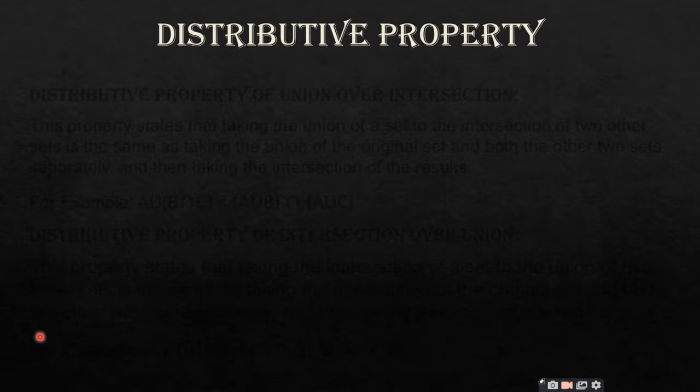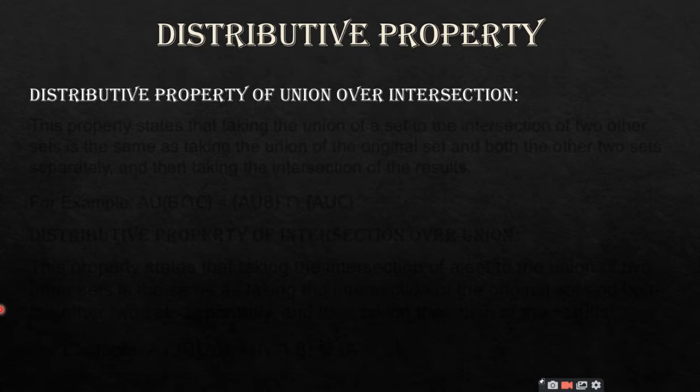Now the last property, which is the distributive property. In the distributive property, we have two properties. The first one is the distributive property of union over intersection.